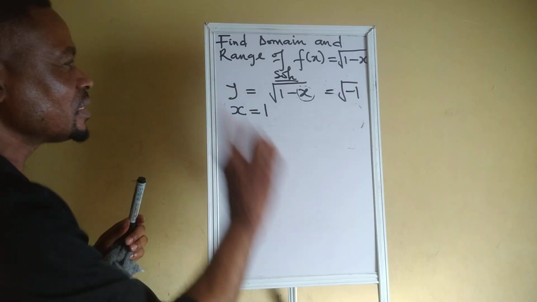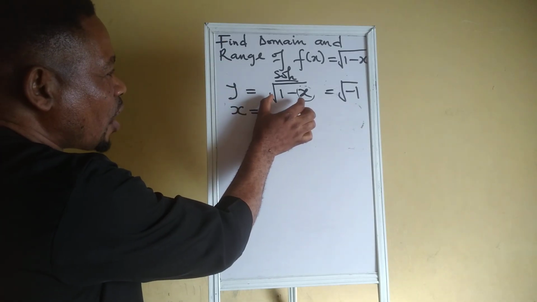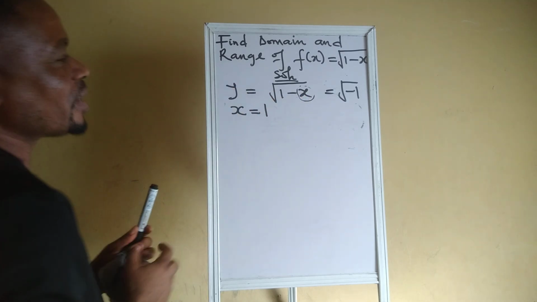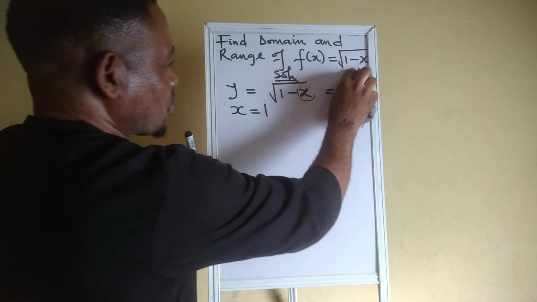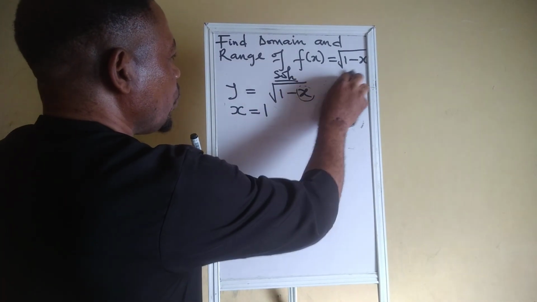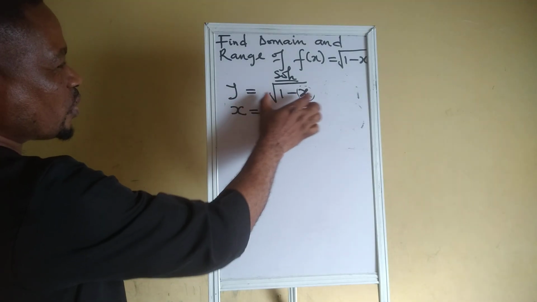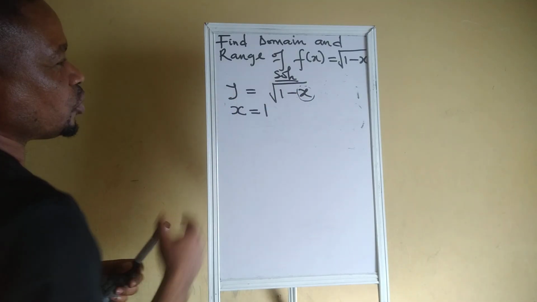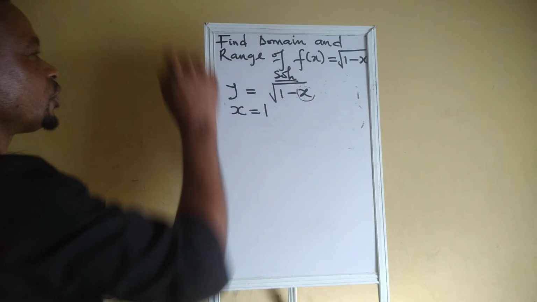So the maximum value of the domain, which is your x, as far as this particular question is concerned, is when x is 1. Have I made myself clear? Now it is obvious. Can we continue now? So when x is 1, anywhere we consider x, remove it and introduce 1. And the result of what we are going to generate now will give you what we call y.